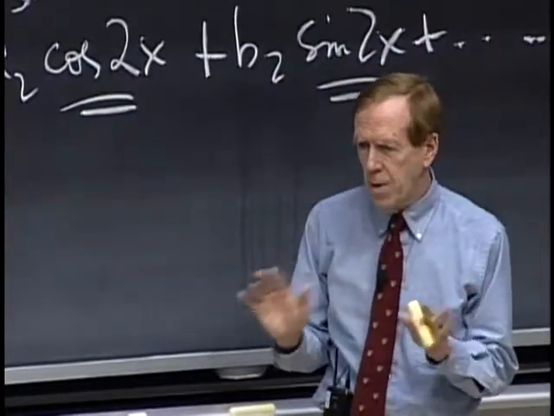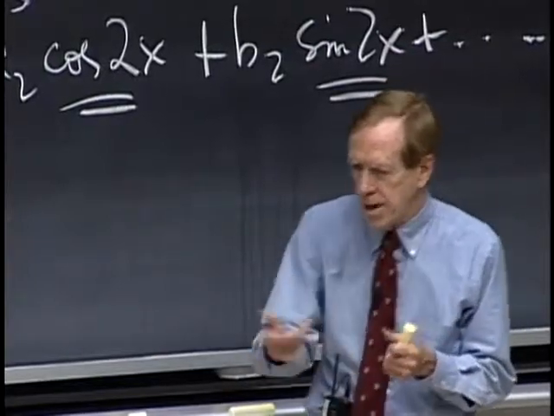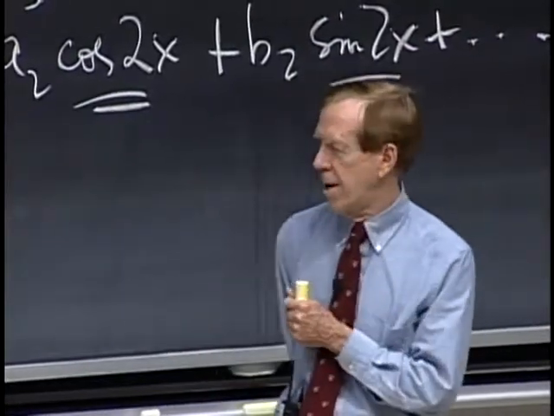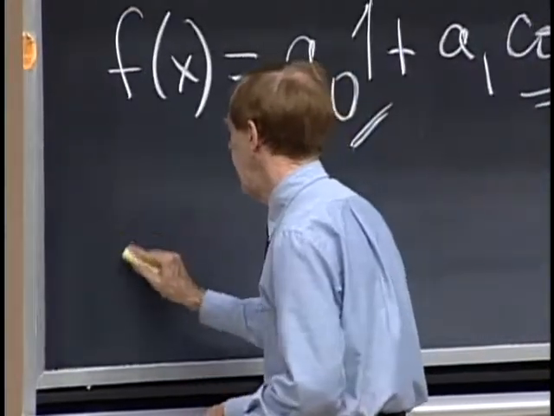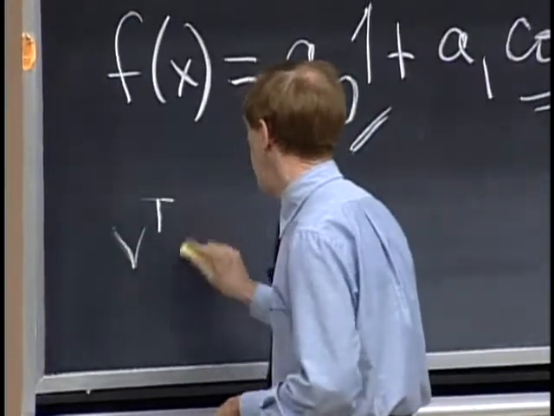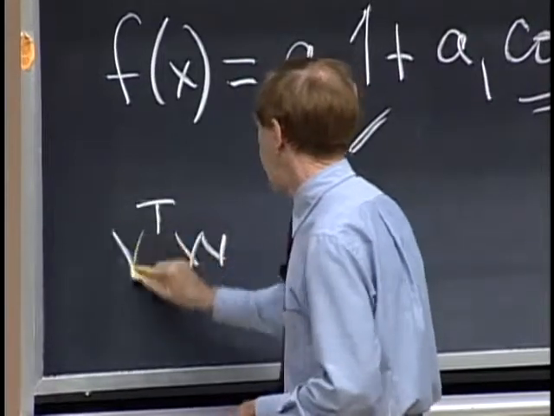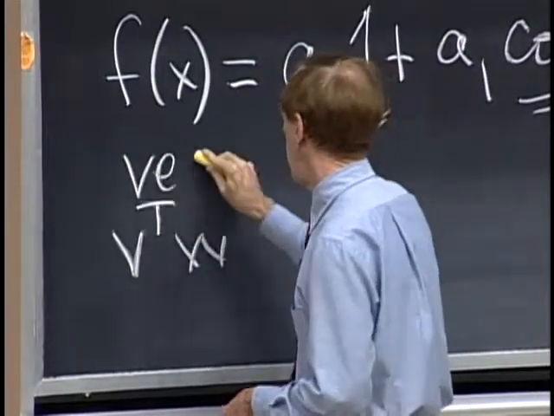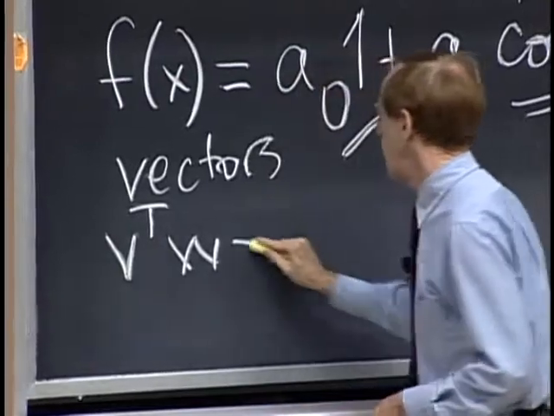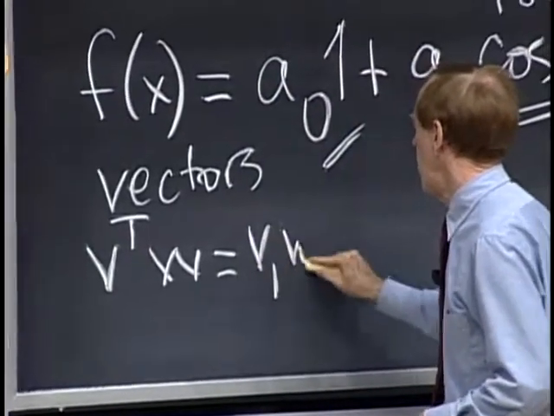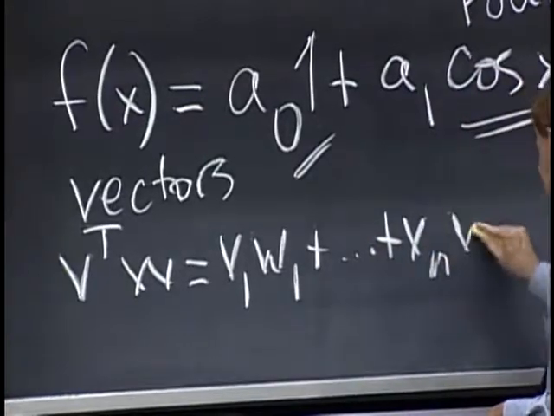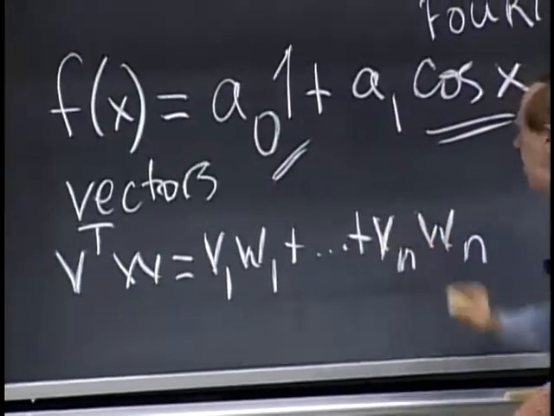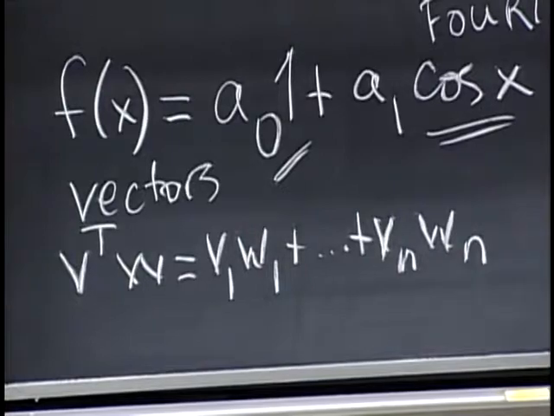So let me tell you what I mean by that dot product. How do I compute a dot product? So let's just remember, for vectors, v transpose w was v1 w1 plus through vn wn. Okay, now functions.